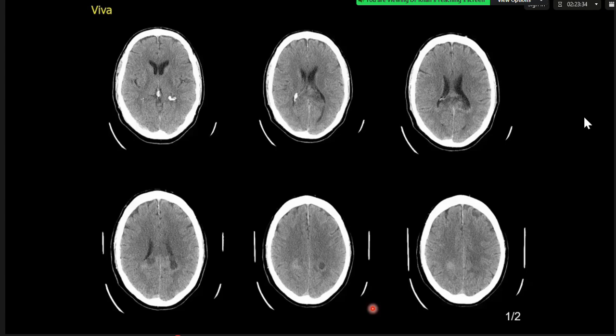However, I can't see any intraparenchymal hemorrhage, or any involvement of the corpus callosum, or evidence of hydrocephalus.